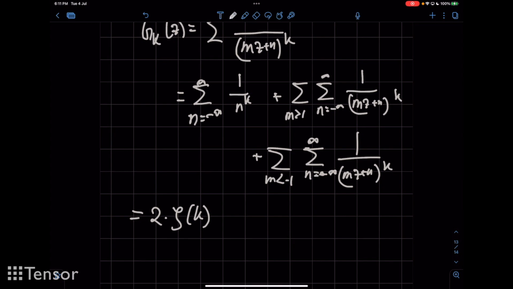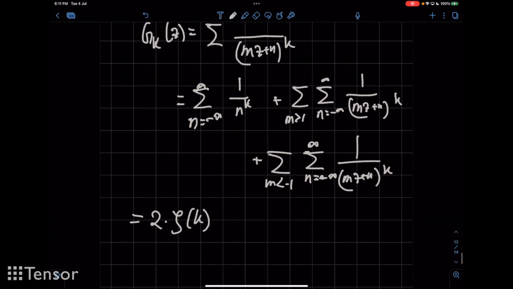Also, do we see any similarities between these two terms where m is positive and m is negative? I have a clue for everyone. We have proved that the Eisenstein series converges absolutely and uniformly, because the uniform convergence guarantees us that this is a holomorphic function.